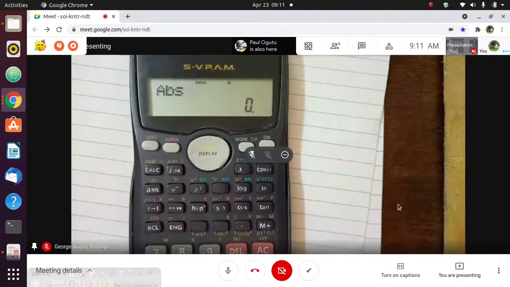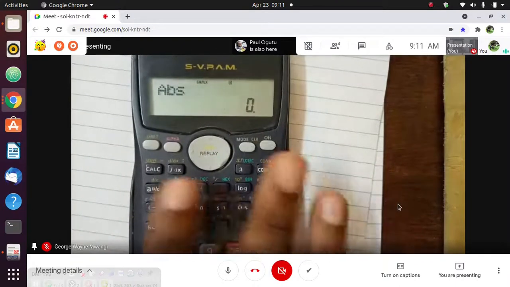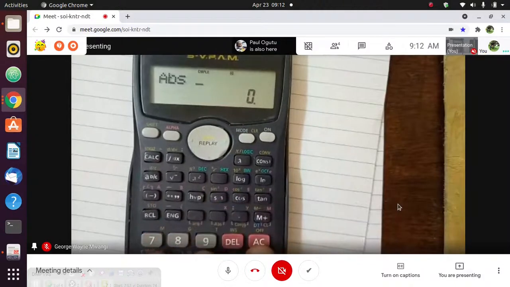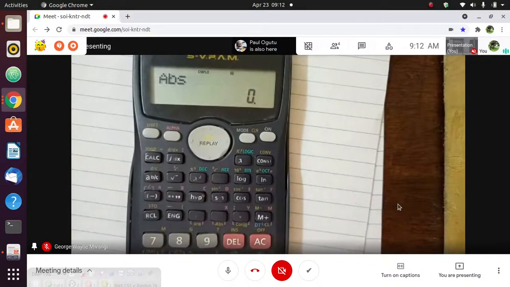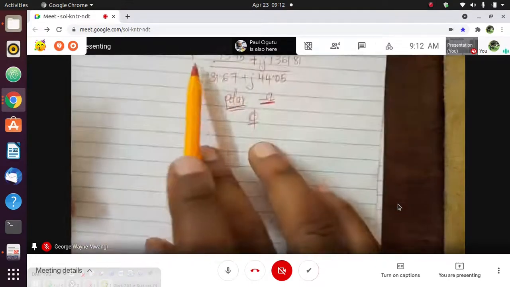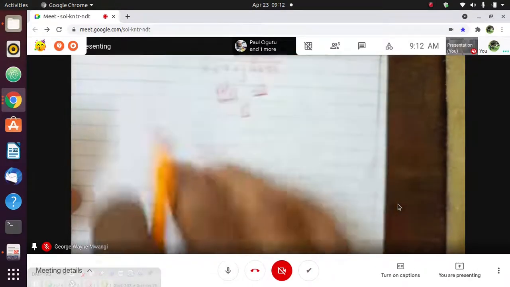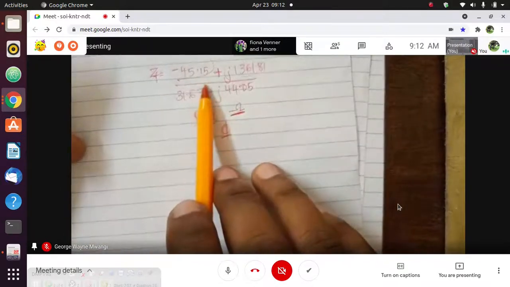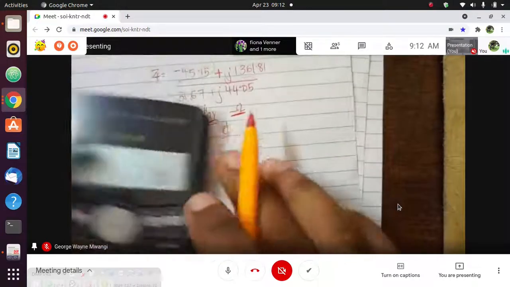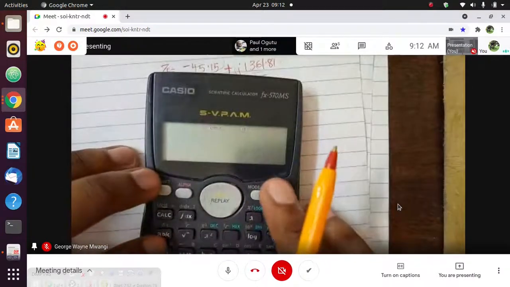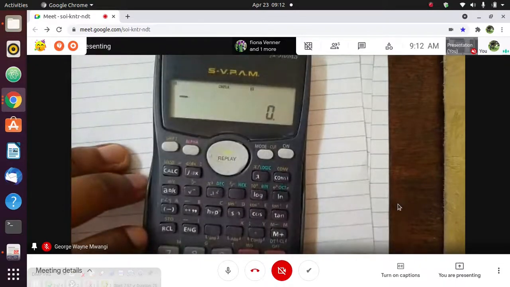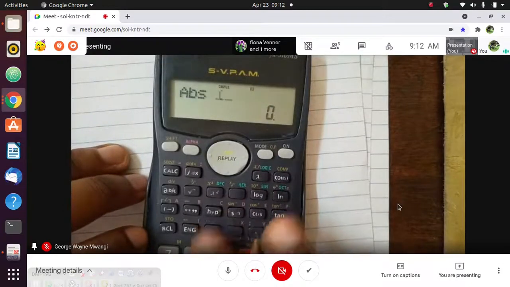Now I will just continue so that when you find a calculator like this, you can do those calculations. Once you get the value of ZF in complex form, you change it to polar form. You take your calculator, press shift, and where absolute is, you get absolute.